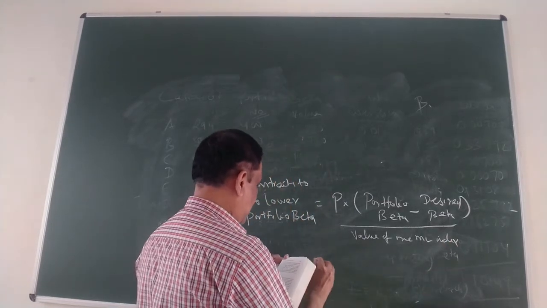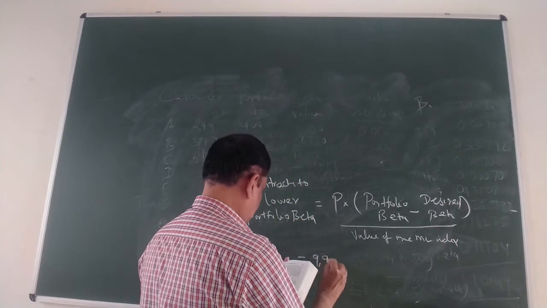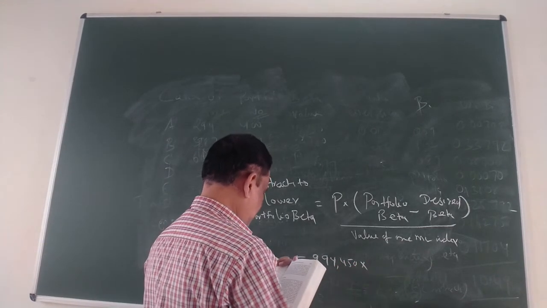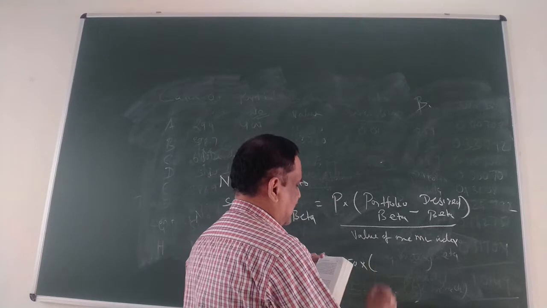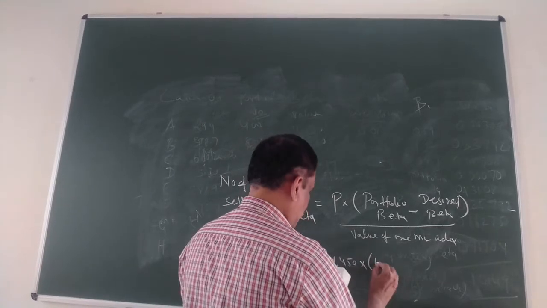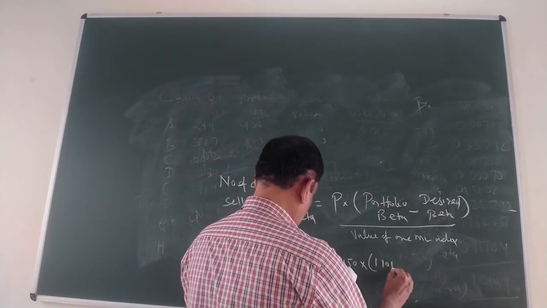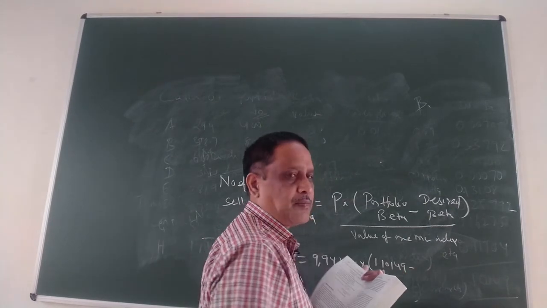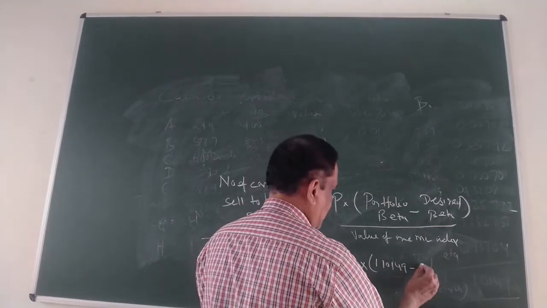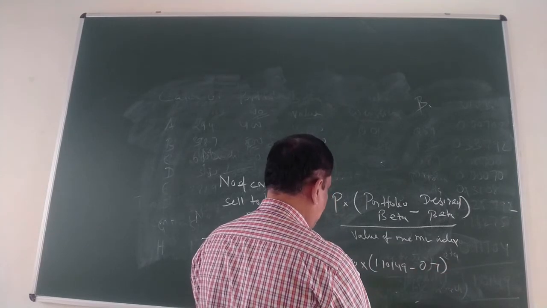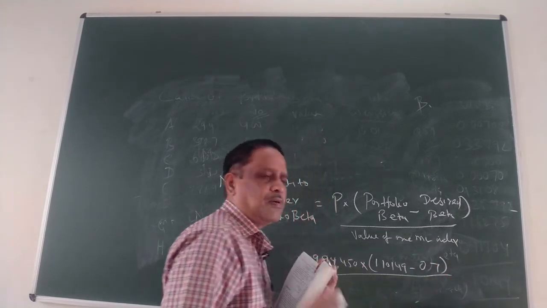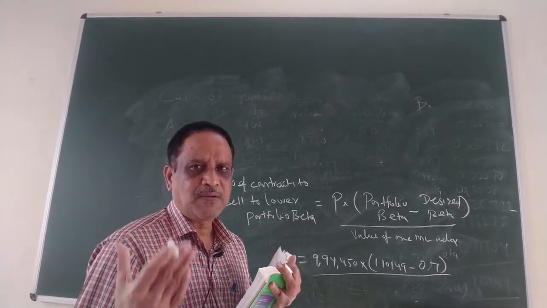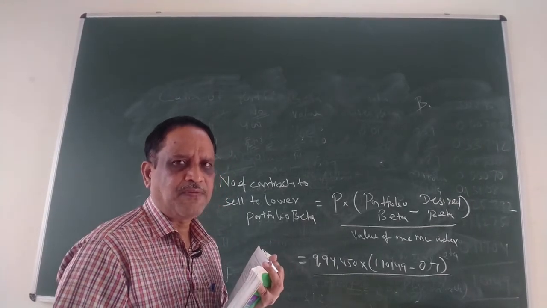So the portfolio value is 9,94,450, multiplied by the actual portfolio beta of 1.0149 minus the desired beta of 0.9, and divided by the one market lot index value. When you say one market lot index value, it is the Nifty value.